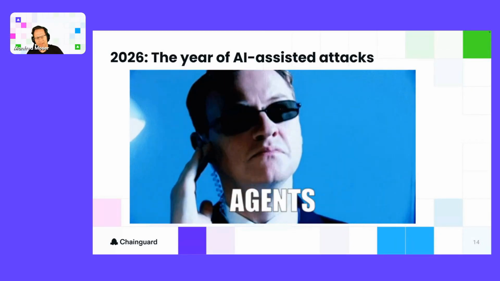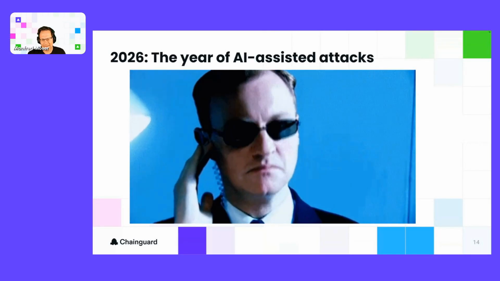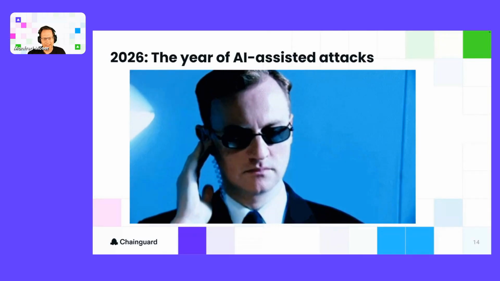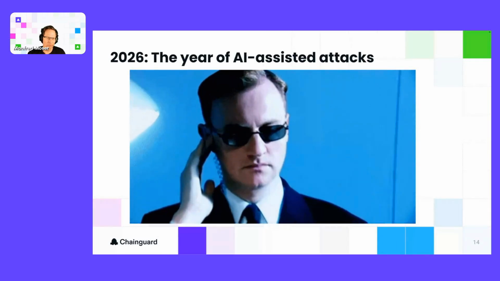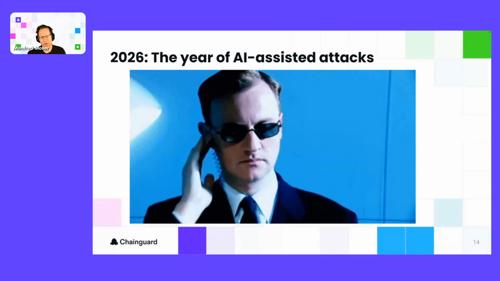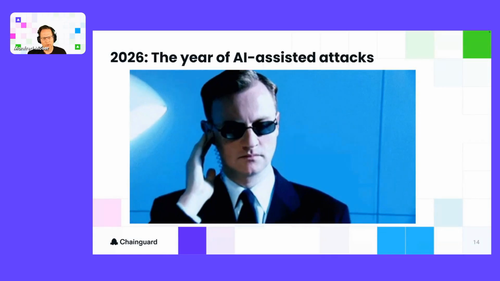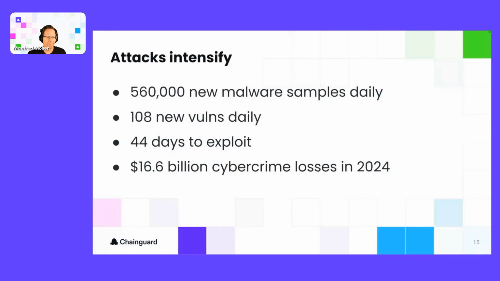And the recent Trivy and LiteLLM attack is one example where AI tooling was definitely involved to make these effects more widespread and more impactful. So the attacks definitely intensify. Over 500,000 new malware samples come up daily, which is kind of an insane number.